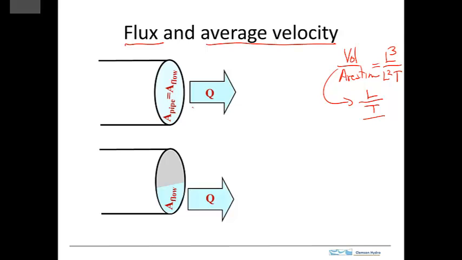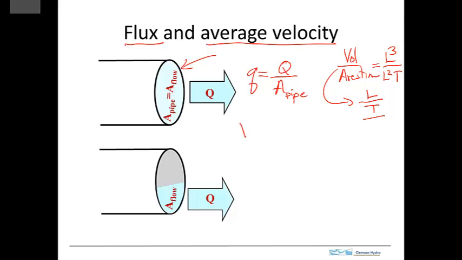And let's take a look. Here's an example where we have this pipe. In this case here, the pipe is completely filled with water. So the flux is the volumetric rate divided by the area of the pipe, the total area. Okay?